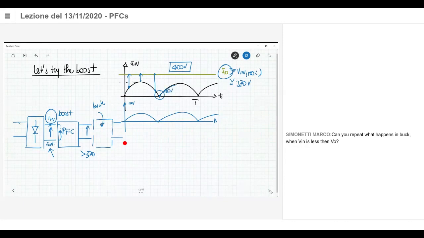Just a hypothesis. Okay, there is a point in which the voltage from 0 to 360, which is this value here, reaches 40, or even a lower value, but let's say for hypothesis 40. 40 to 400 means that my conversion ratio should be, let's say, 10.